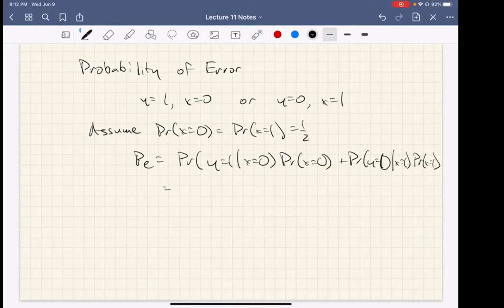Getting a 1 when you send a 0, that's impossible, so this will be 0. The other term, the probability that y equals 0 given x equals 1, is 1 minus PRTS. And the probability that x equals 1 is 1/2. So that is the probability of error.